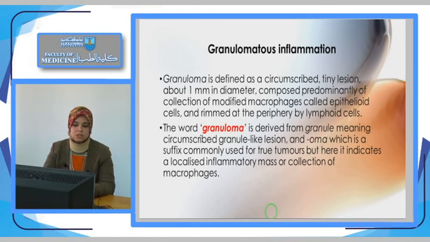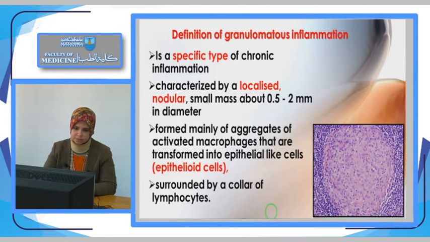But the macrophages here are in an inactivated form called epithelioid cells, and we will learn what they look like. So the word granuloma is derived from granule, meaning circumscribed granule-like lesions, and the "oma", which is a suffix commonly used for true tumors, but here it indicates a localized inflammatory mass or collection of macrophages.